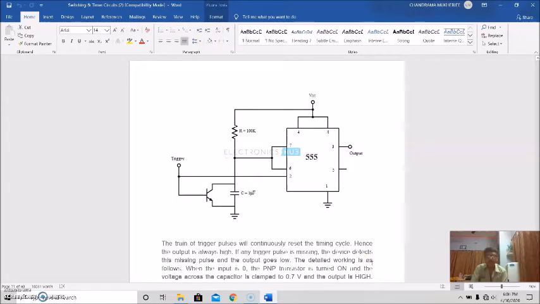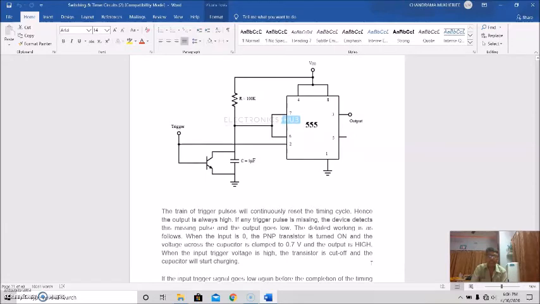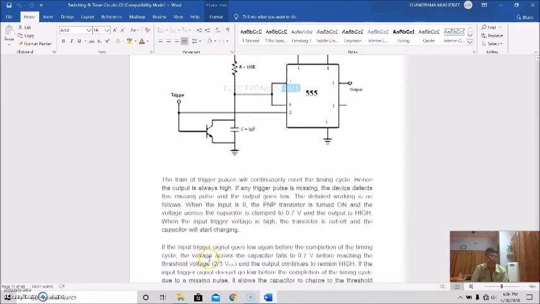The train of trigger pulses will continuously reset the timing cycle. Hence the output is always high, and if any trigger pulse is missing, the device detects this missing pulse, and the output goes low. Okay, so the detailed working is like this.